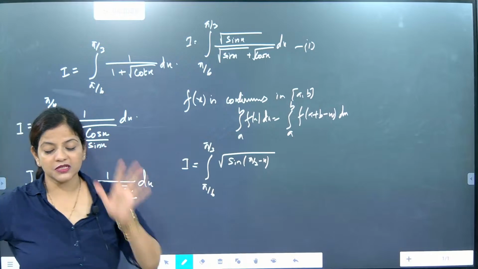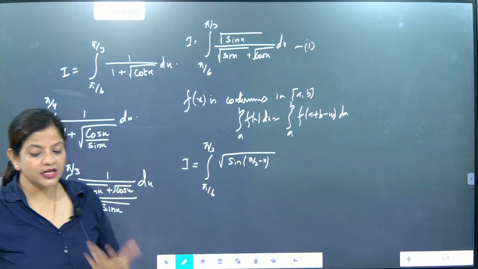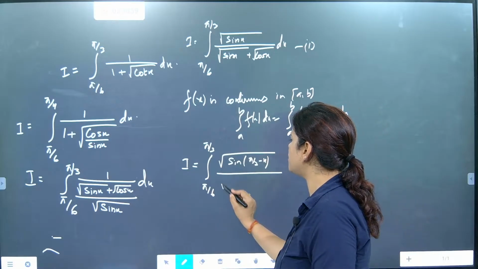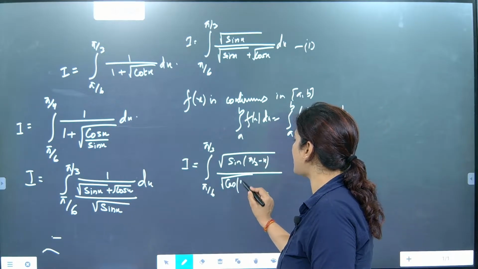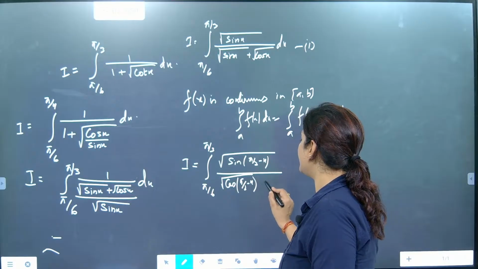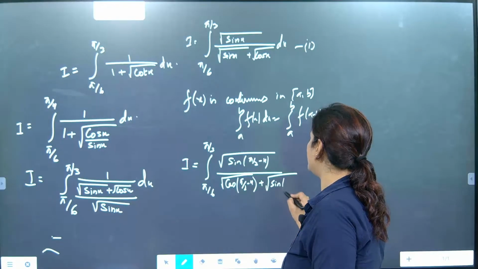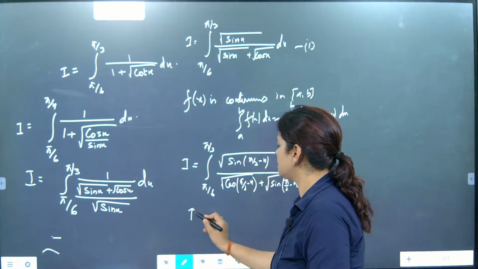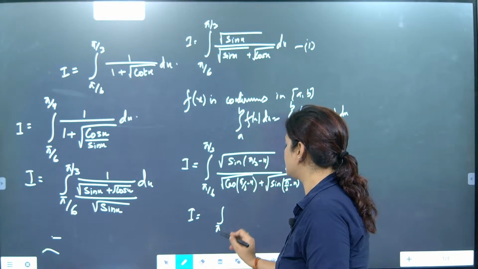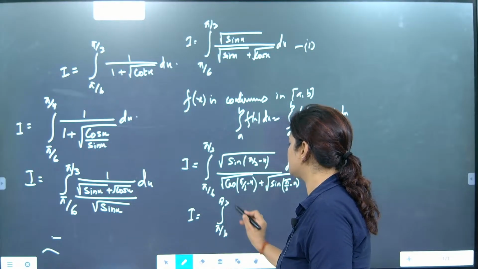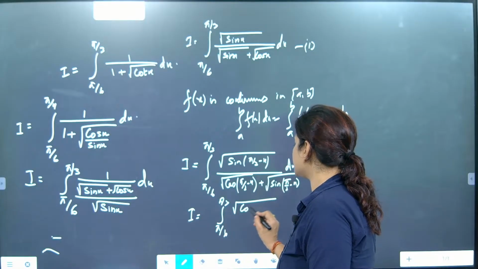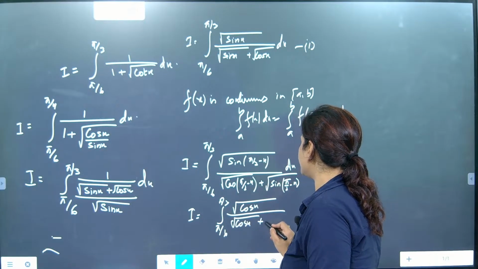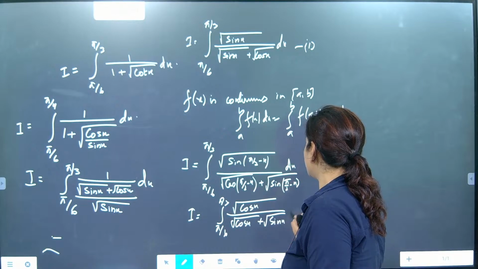So pi by 6 plus pi by 3 minus x is there, and that is coming as pi by 2 minus x. And here also it will become cos of pi by 2 minus x, and here plus sine of pi by 2 minus x dx. I equal to, it is coming cos x, and this is coming cos x plus sin x dx.